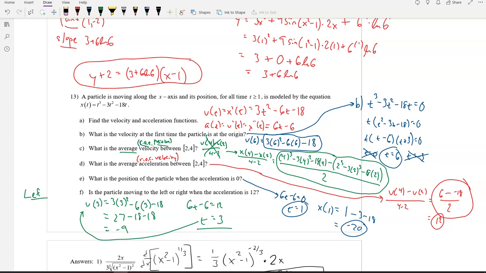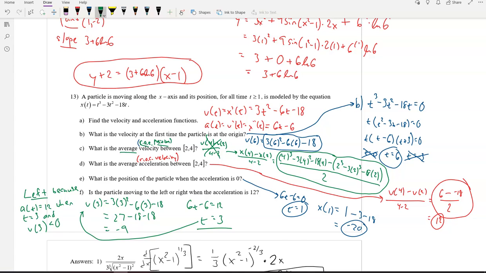Yeah, left, because, and again, you don't have to give a justification here, but I'm going to give a justification just so you guys can also see that, because sometimes you'll be asked to justify your answer. A of t equals 12 when t equals 3, and V of 3 is less than 0.